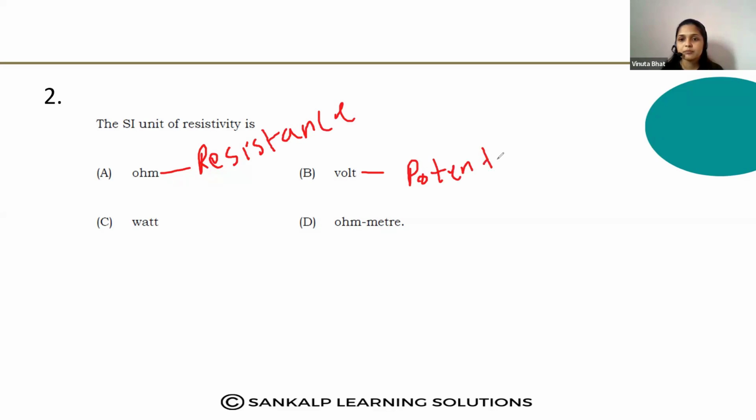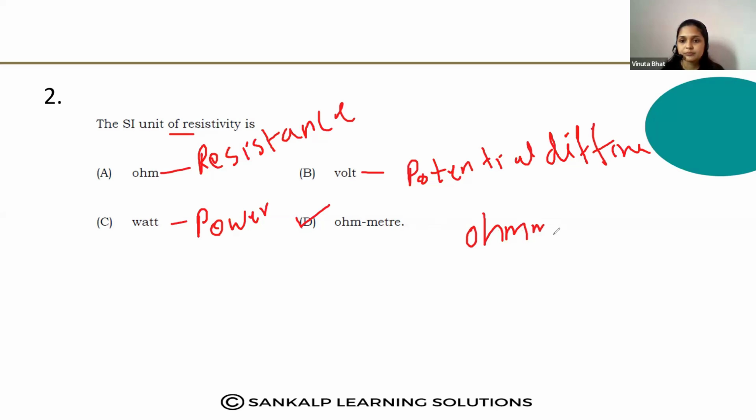Then watt is the SI unit of power. Then the correct answer for resistivity: the SI unit of resistivity is option D, ohm meter. Ohm meter is the SI unit of resistivity. Next question.